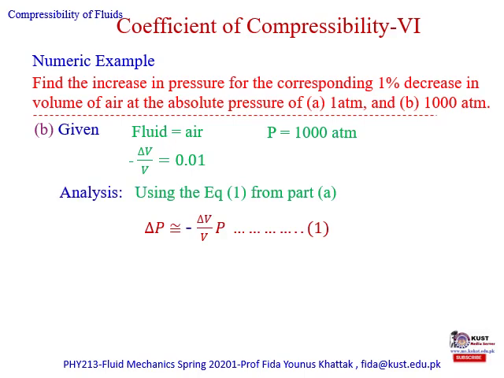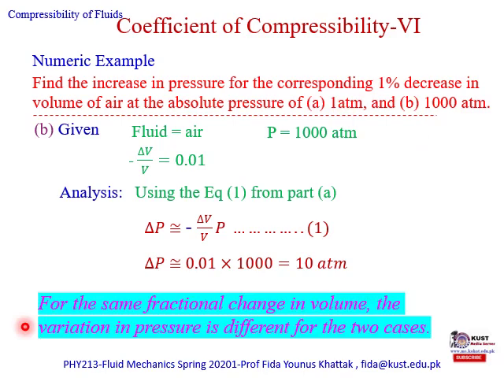Using equation 1 from the earlier slide, we have delta P is approximately equal to minus delta V over V into P. Putting the values from the data, we get 0.01 into 1000 is approximately equal to delta P, which is equal to 10 atmospheric. Now this pressure variation is a lot more than the change in pressure required in case the initial pressure was 1 atmospheric. For the same fractional change in volume, the variation in pressure is different for the two cases.